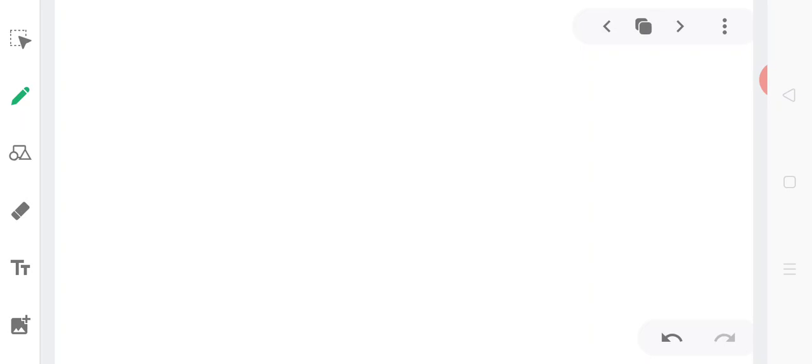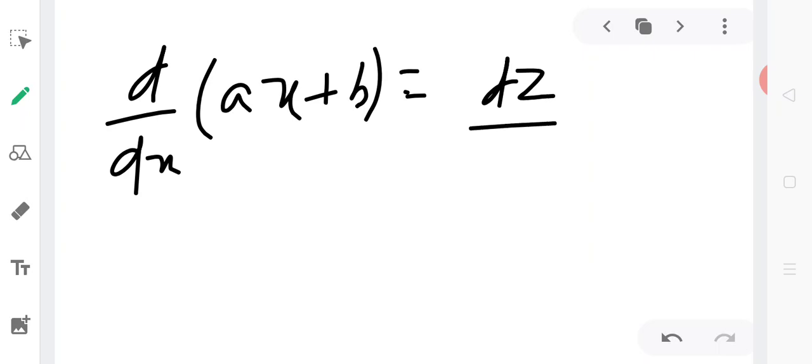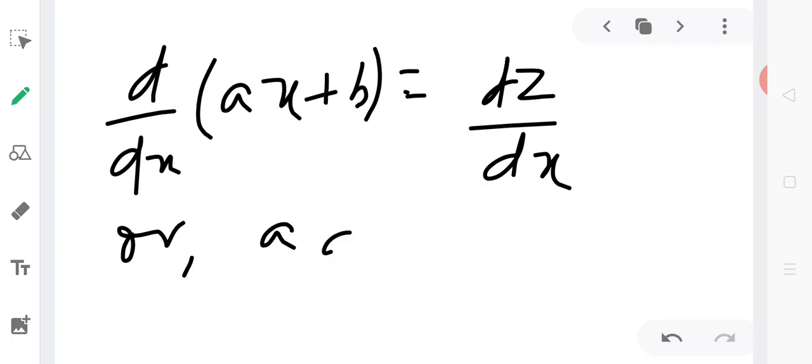Then d by dx of ax plus b will be equal to dz by dx, as z is equal to ax plus b, or a dx will be equal to dz.